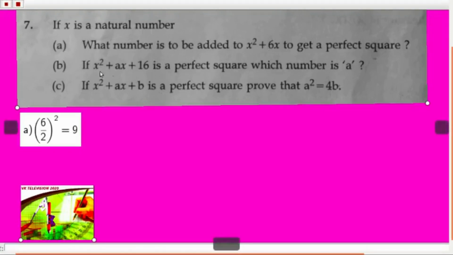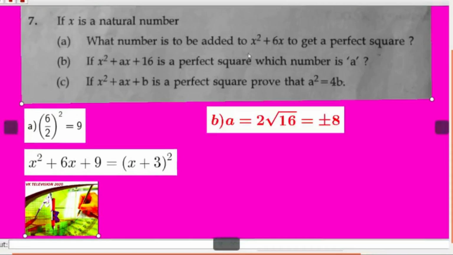x square plus ax plus 16 is a perfect square. Which number is a? Here we have a relation between 6 and 9. We take a root of 9, that is 3. Then take a double, that is 3 into 2 is equal to 6.